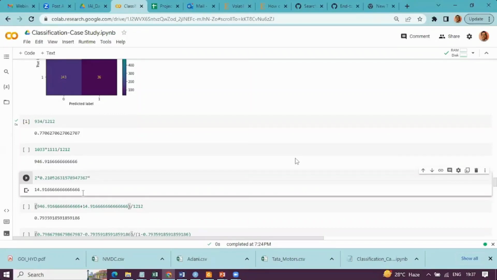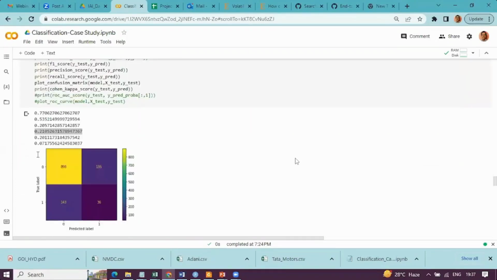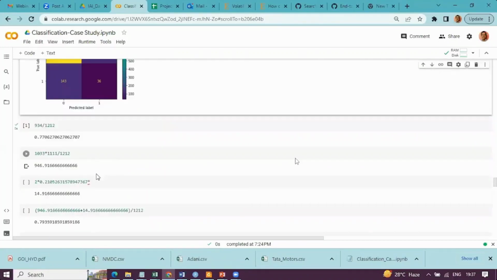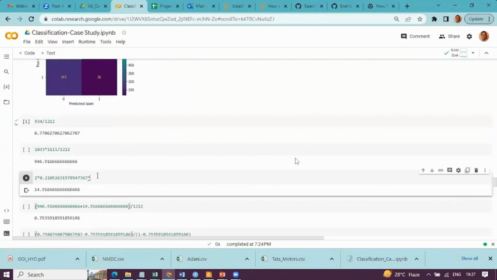This is the precision, this is the recall, and this is called an F1 score.